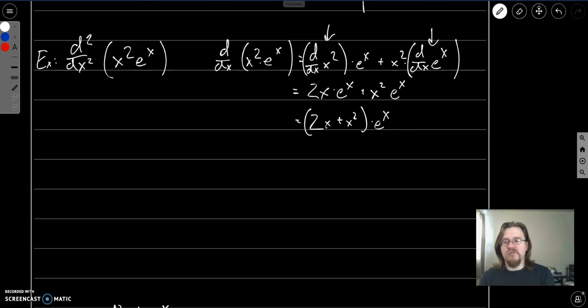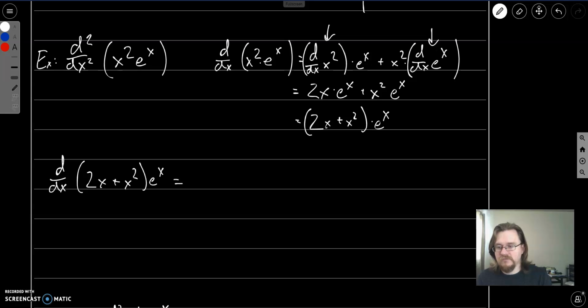But we wanted the second derivative. So let's take one more derivative. So if I want to take the derivative of 2x plus x squared times e to the x, so derivative of the whole thing. Again, I'm going to take the derivative of the first guy times the second.